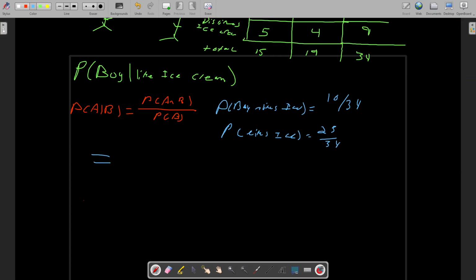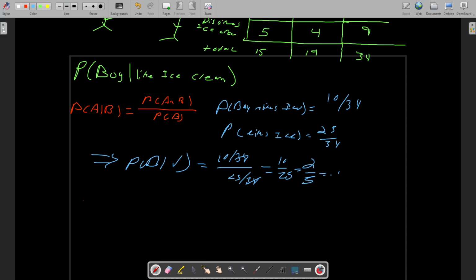So using this, our probability of boy given likes ice cream is going to be 10 over 34 over 25 over 34. And these 34s are basically going to cross out, and then you get 10 over 25, which equals 2 over 5. So 0.4.